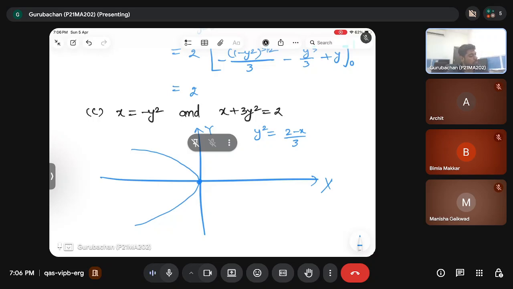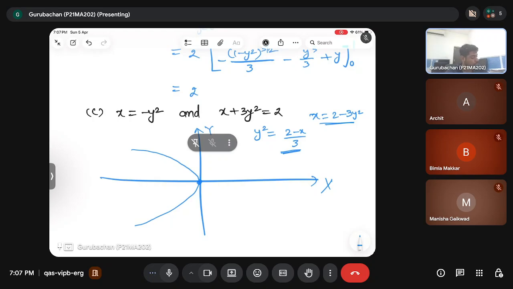We may write it whatever way suits you to visualize it. Whenever x is 0, y will give you the value plus minus under root of 2 by 3. And whenever y is 0, x will be 2.